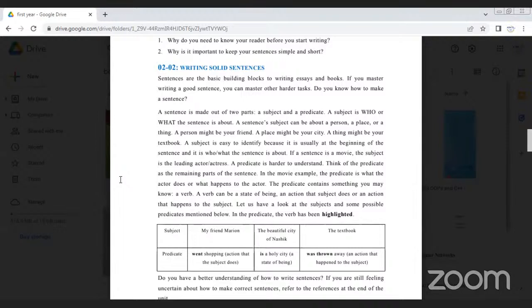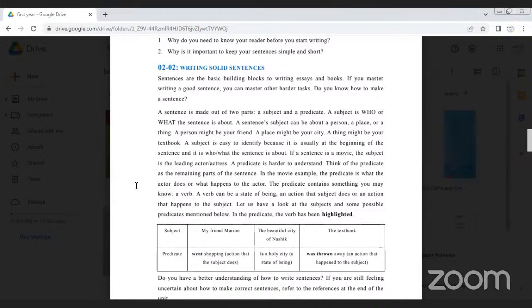A sentence is made of two parts, a subject and a predicate. A subject is who, W-H-O, or what the sentence is about. A sentence's subject can be about a person or place or a thing. A person might be your friend.